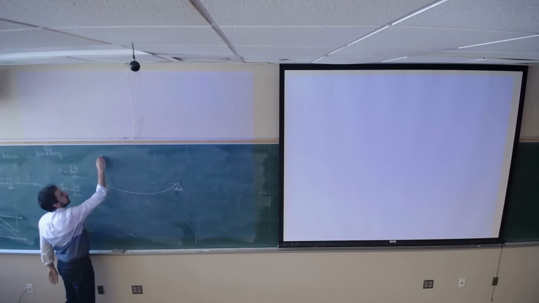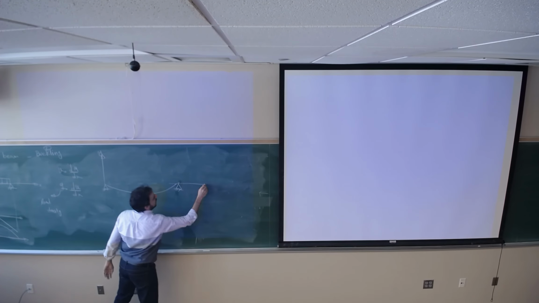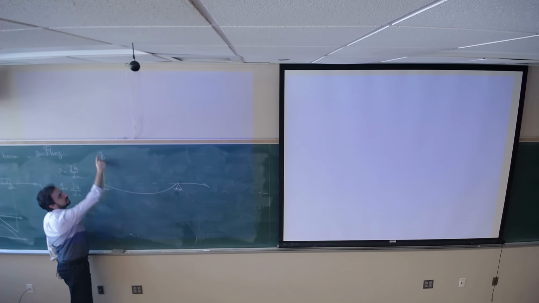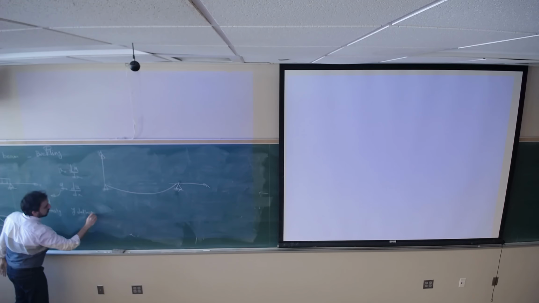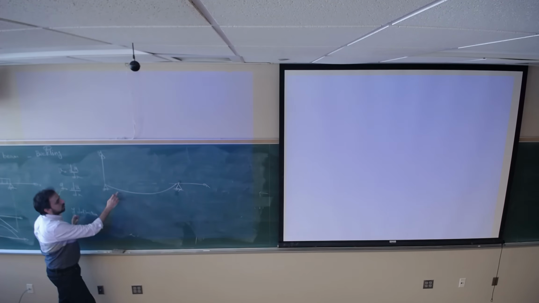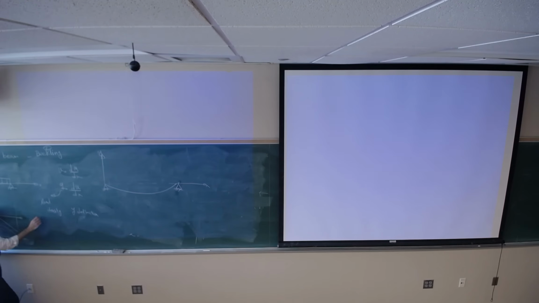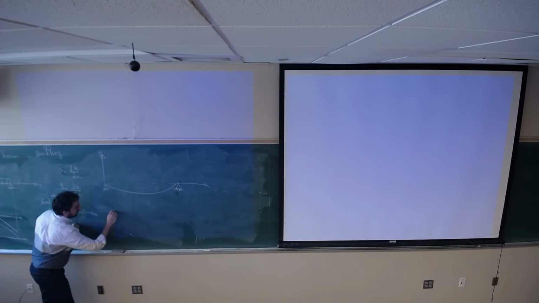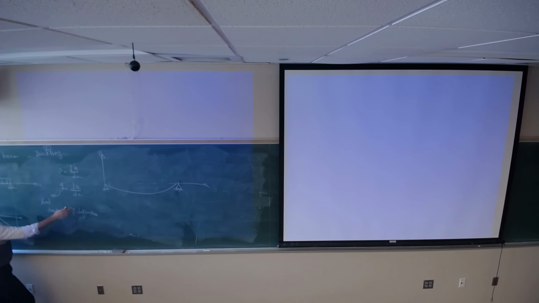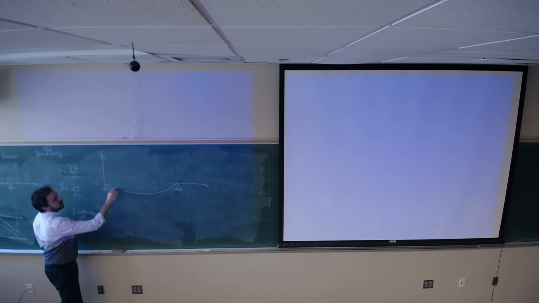If this is the y-axis and this is the x-axis, deflection is represented by y. So the beam is going to look like this. We can prove that at each point of the beam, suppose this point, there is a kind of curvature here.